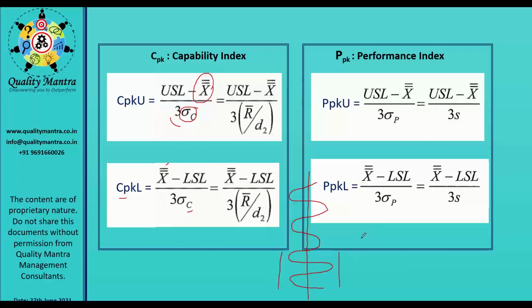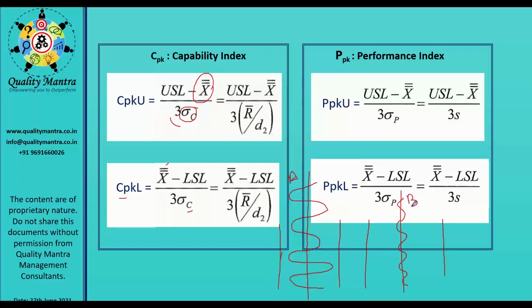Now one scenario is this and another scenario is this. In both cases, the process is running at the center. Now which one is more capable? The chances of which process going out of specification are higher, process A or process B?